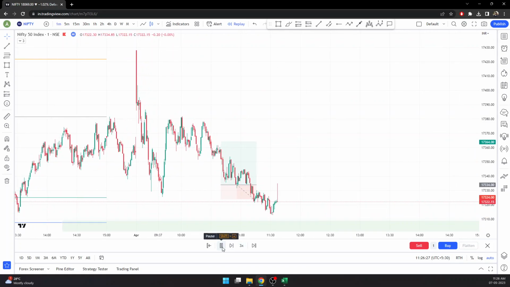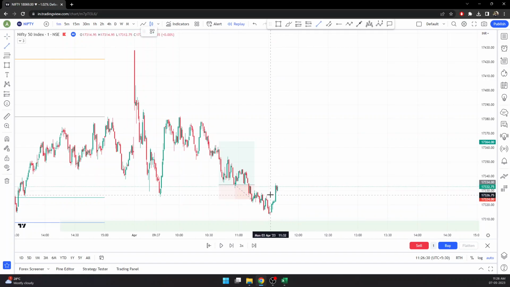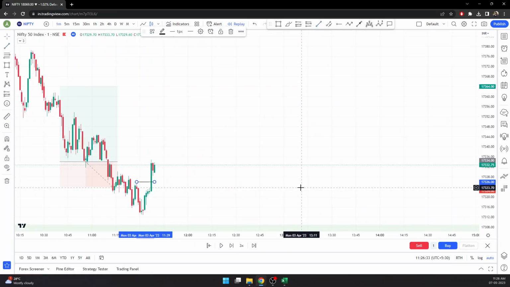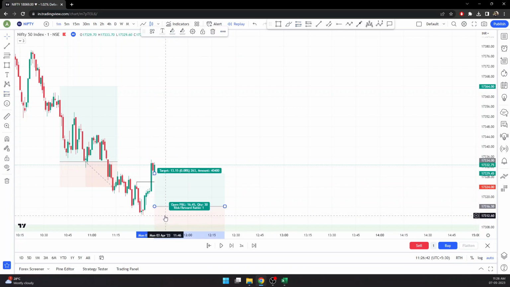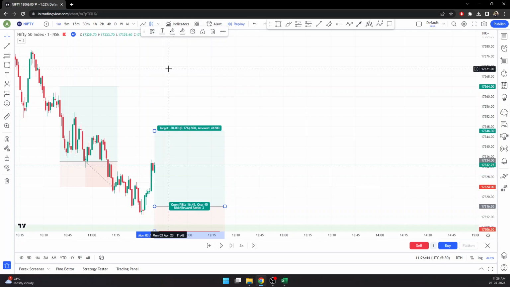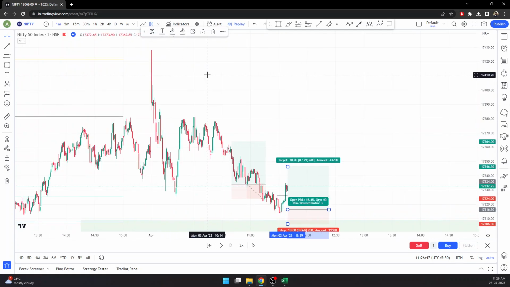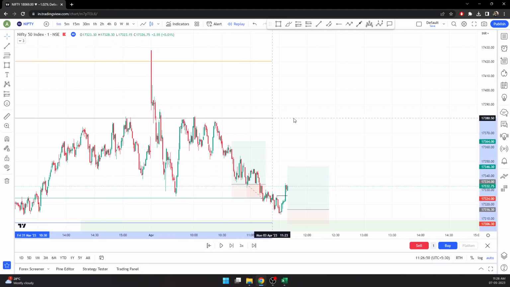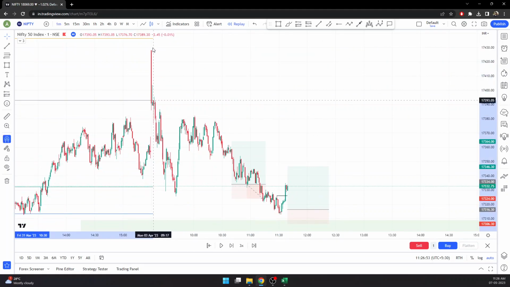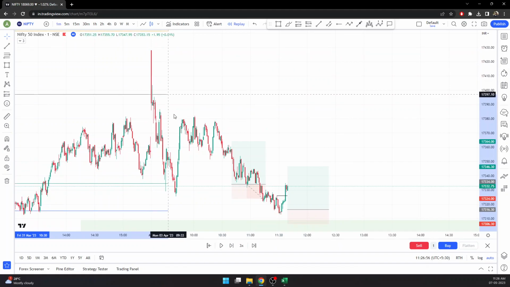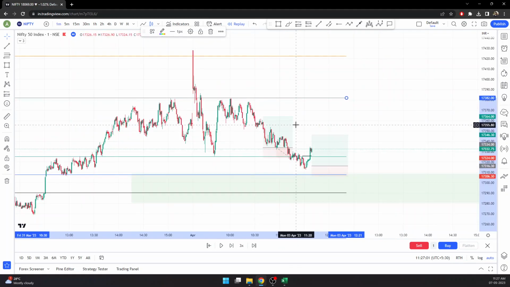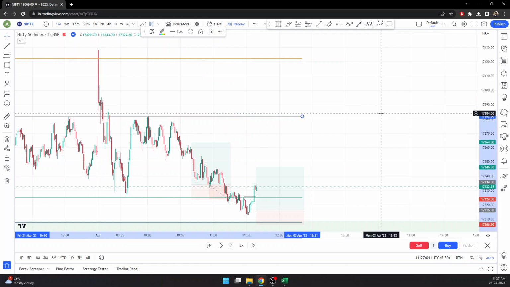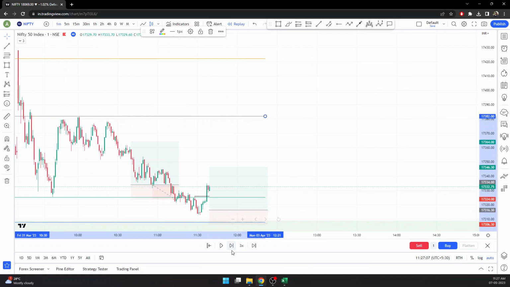Okay, yep, we see this change of direction, we see some strong push on the buying side. We can look for the buy opportunity maybe somewhere here. Okay, so let's wait for our entry here.